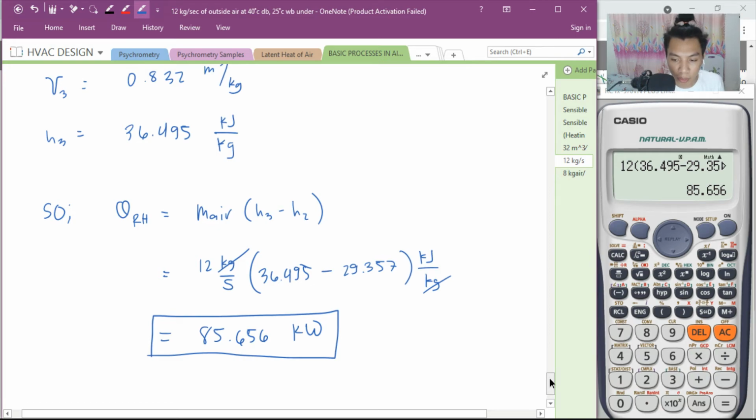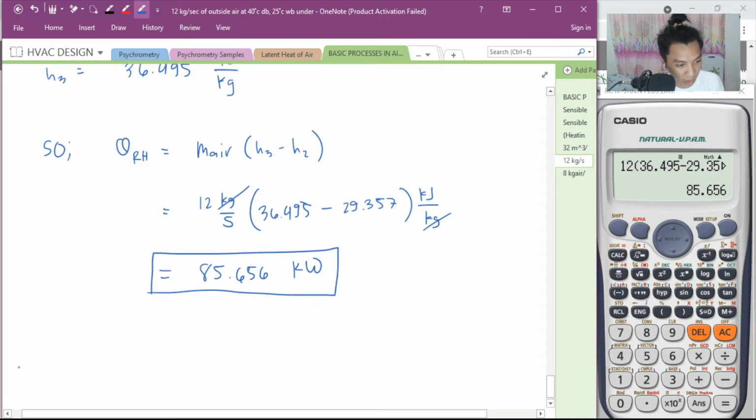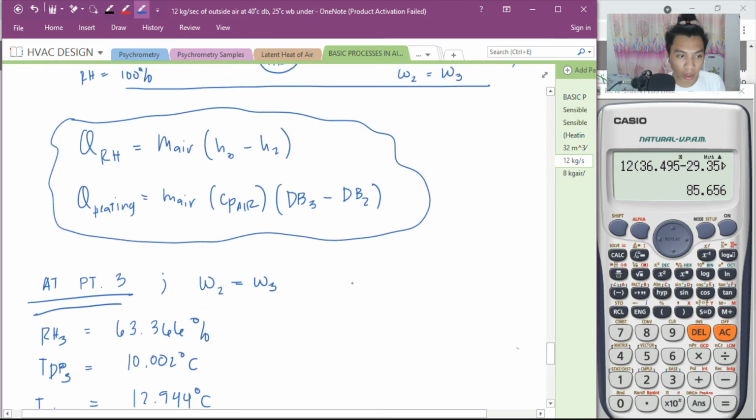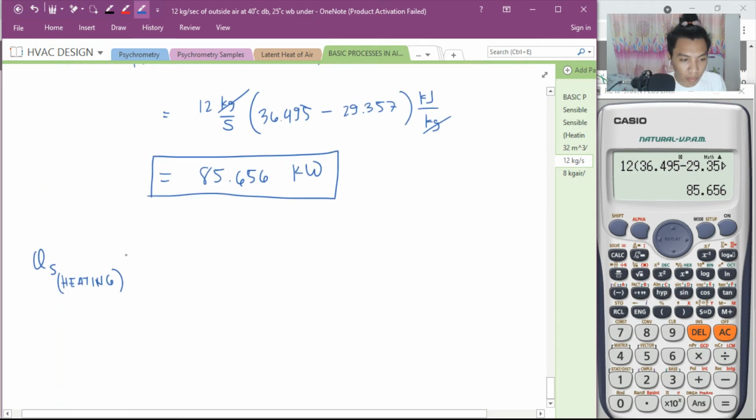How about yung Q nung entire sa heating? QS sa heating. Sensible heat at heating process. Ito rin yun. Sensible heat. M air, CP ni air, multiply to dry bulb nung hot minus dry bulb nung cold.